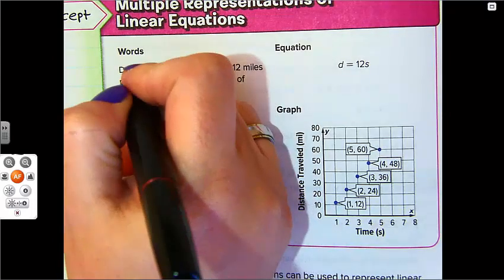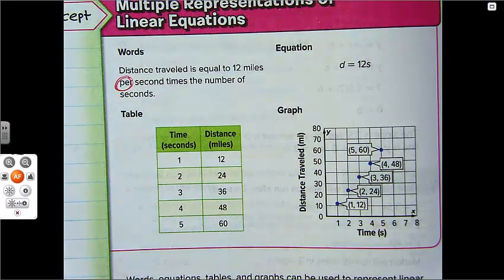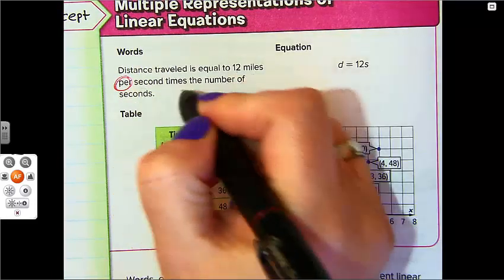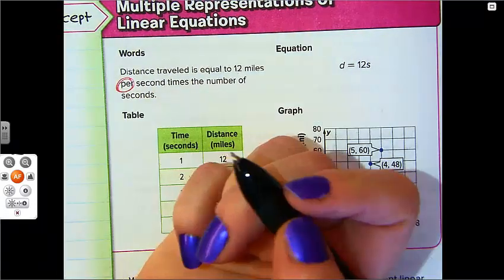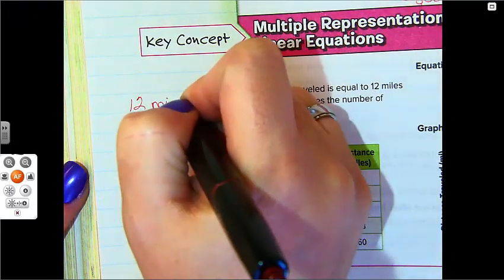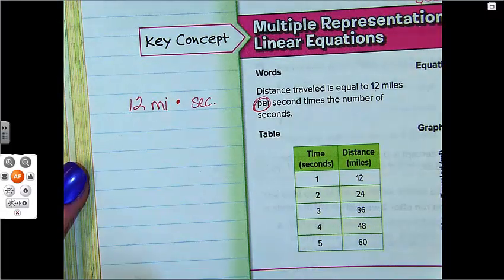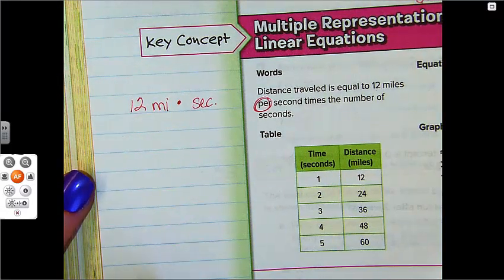And just so you know, this word per means to multiply. So anytime you see per, this says 12 miles per second. That would mean 12 miles per second, which would be 12 miles times however many seconds you're talking about.